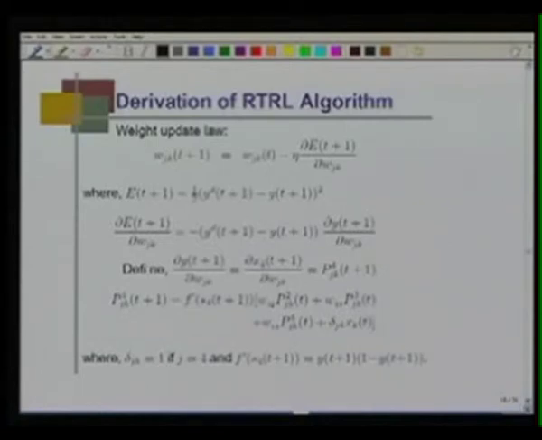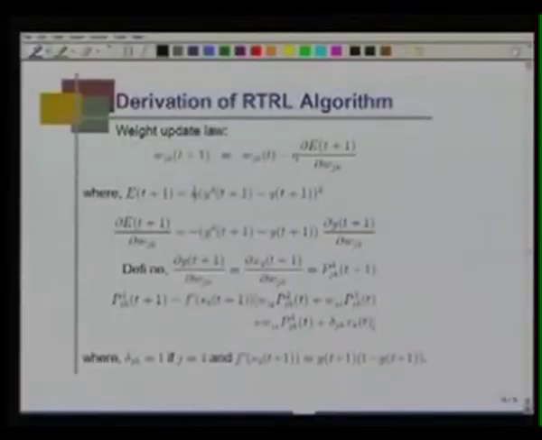Okay. So, now the derivation of the weight update for the sigmoidal activation function. The weight update law is, as usual, a gradient descent law, but now my cost function is a time function, it is dynamic, because E t plus 1 depends on Y t plus 1. So, Y t plus 1 is a function of Y t as well as other neuronal internal states.